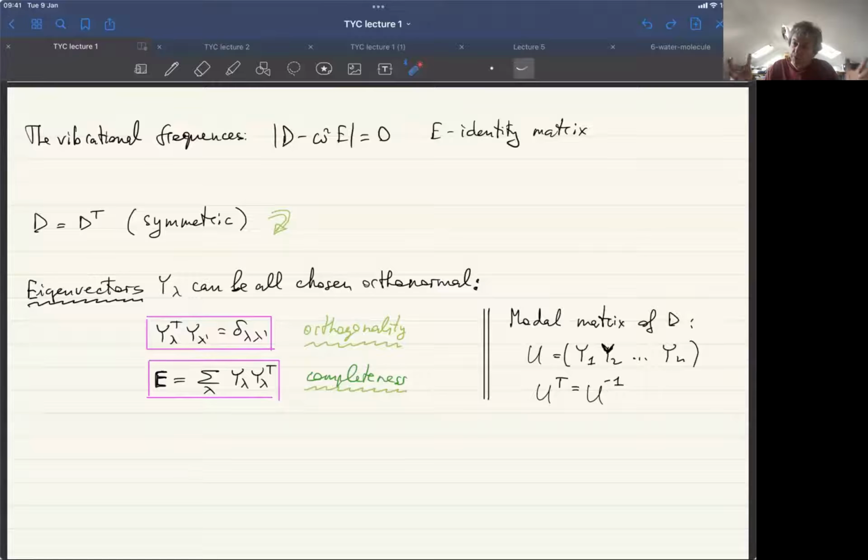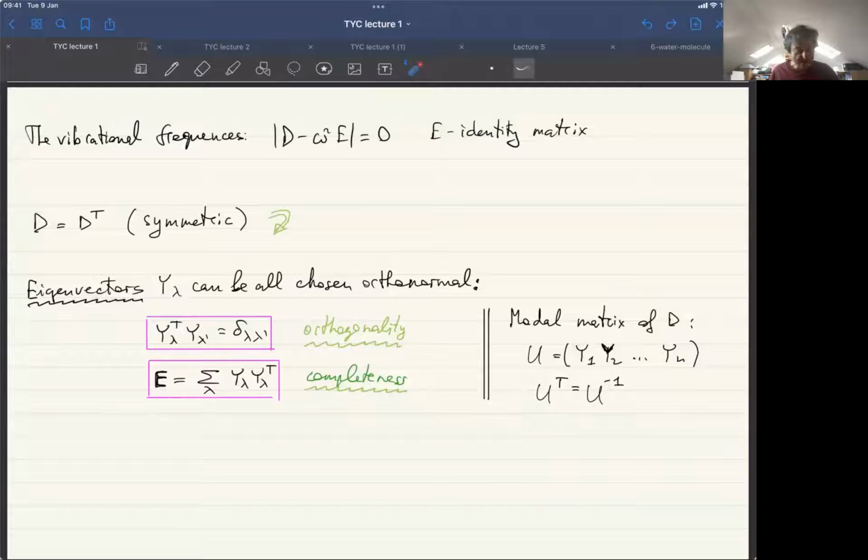So they're orthonormal, normalized and orthogonal. If you create such a matrix, then that matrix would be an orthogonal matrix, so its inverse would be equal to its transpose.